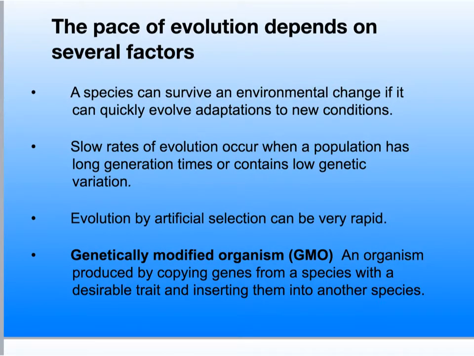So the pace of evolution depends on lots of factors, and it can be very rapid and fast or not. A species can survive an environmental change if it can quickly recover and evolve adaptations to these new conditions in their environment. Slow rates of evolution occur when a population has long generation times, like elephants, which carry their young and are pregnant for 18 months.